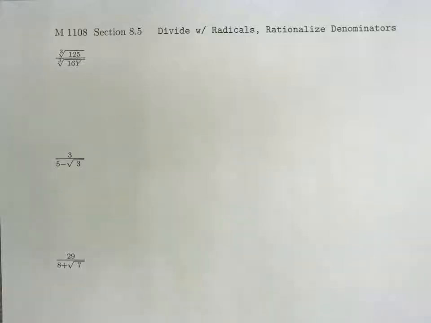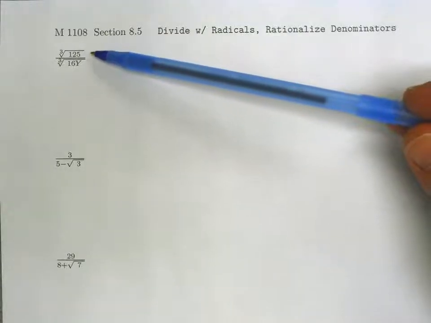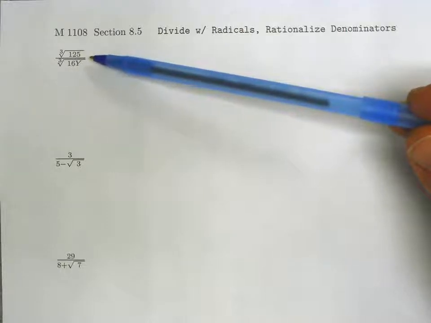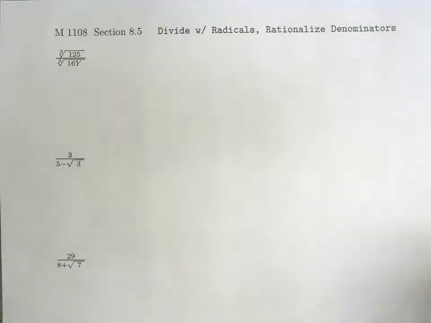Simplify the cube root of 125 divided by the cube root of 16y. Notice that the numerator can be simplified immediately because 125 is a perfect cube. So the numerator will simplify to 5 because the cube root of 125 is 5.